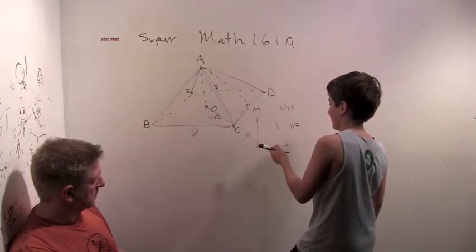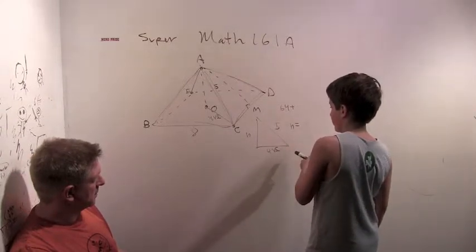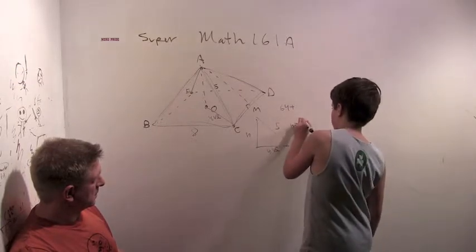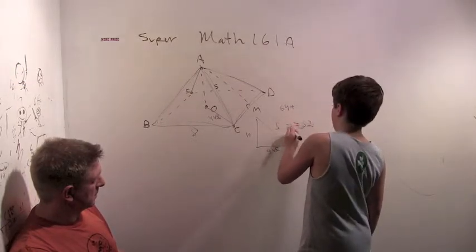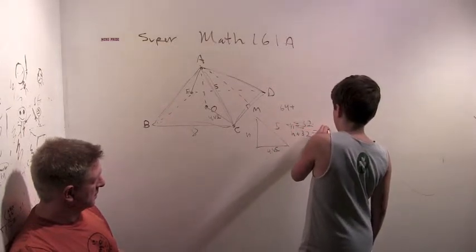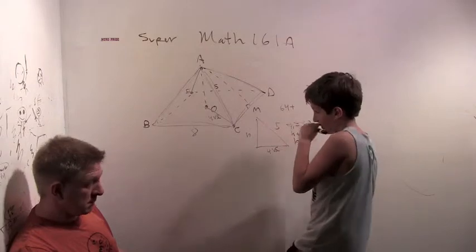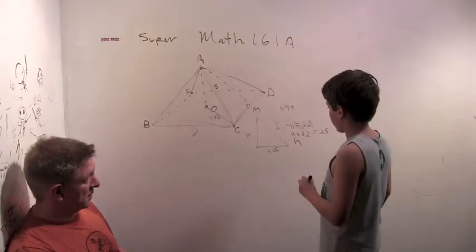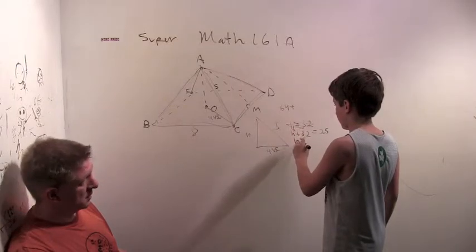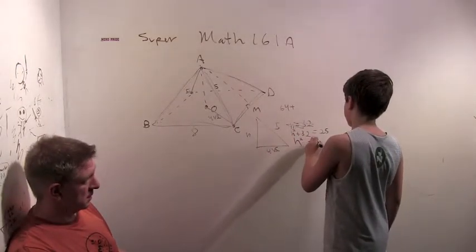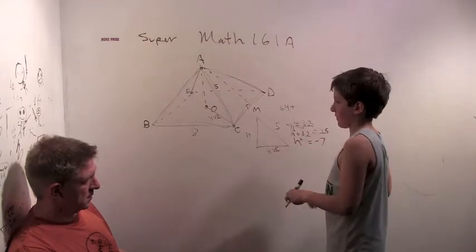Oh, I see. 4 root 2 squared is 32. And h squared plus 32 is 25. So h squared equals -7.